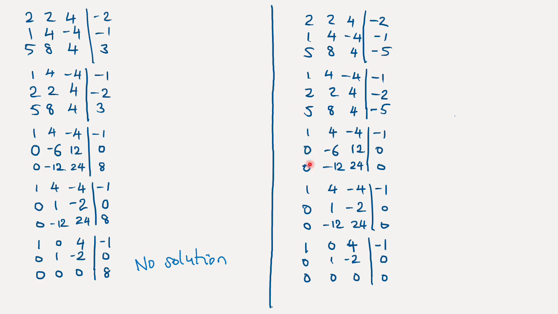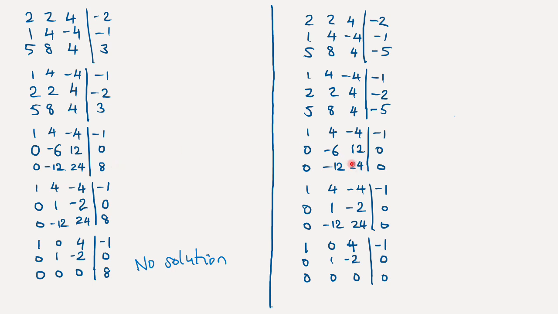So all these steps are the same, except till we get to this step here. With this step, we're trying to get a 0 in the third position. So we had a 5 in the previous step, so if I subtract 5 times the first row, then I'll get a 0 here, whereas before I had an 8.